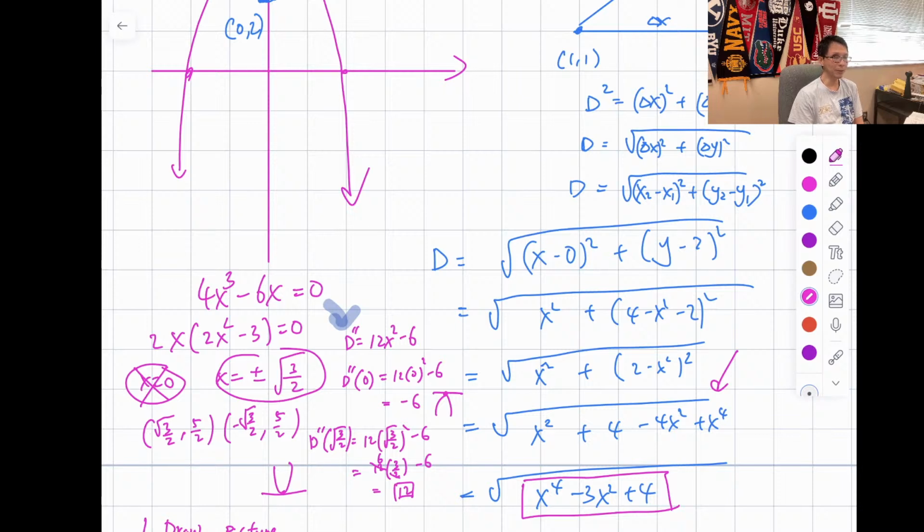A lot of people are confused about that. You're trying to optimize the distance, and the square root happens at the end, not at the very beginning. So you optimize the inside first, and the square root happens afterward. If you optimize square root of 4 and square root of 2, the 4 is going to be bigger.